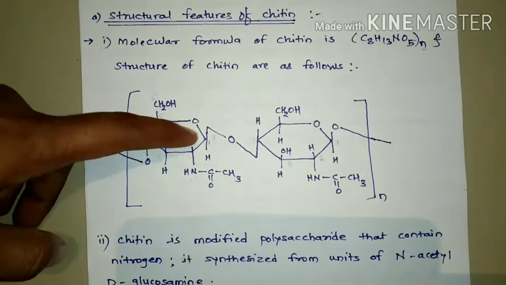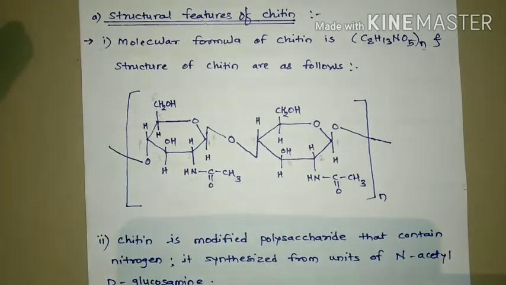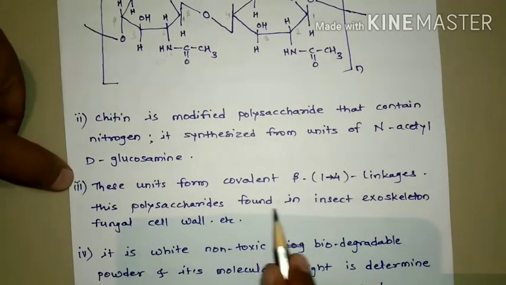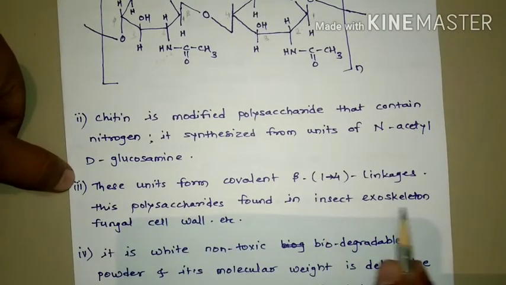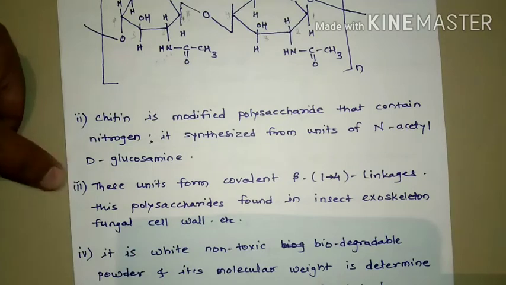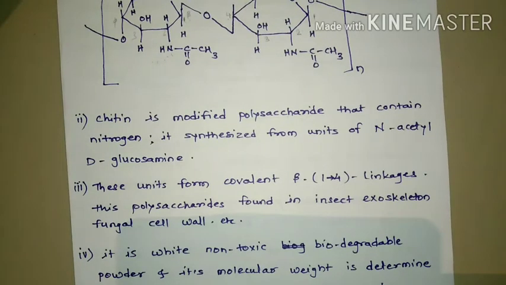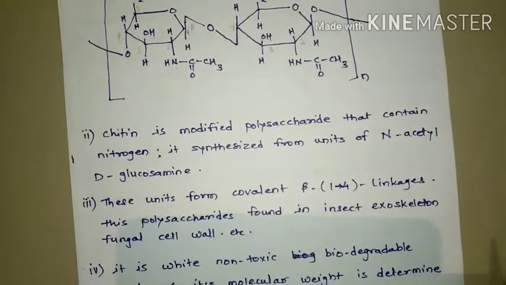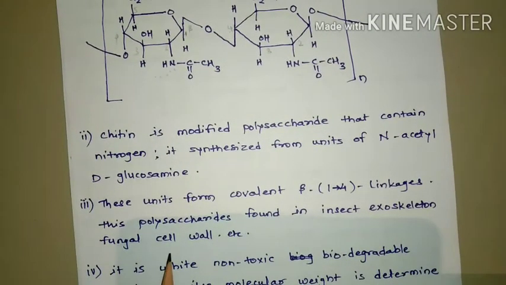So it is a beta 1,4 linkage. This polysaccharide is found in insect exoskeleton, fungal walls, etc. So what is meant by exoskeleton? The outer part of the fungal cell.